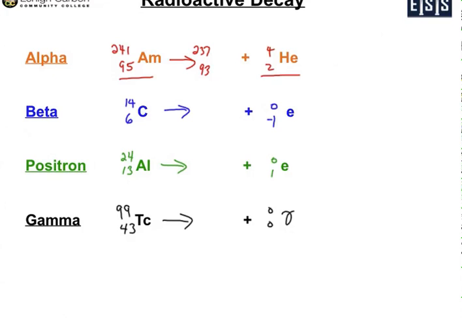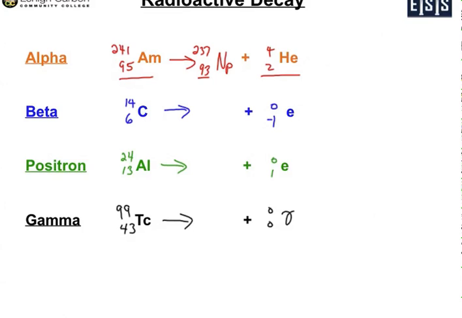And if you look at the 93, the proton count, which tells you what element you have, this is going to be neptunium. So in an alpha decay of americium, you're going to get neptunium, however you pronounce it, and release an alpha particle from that reaction.